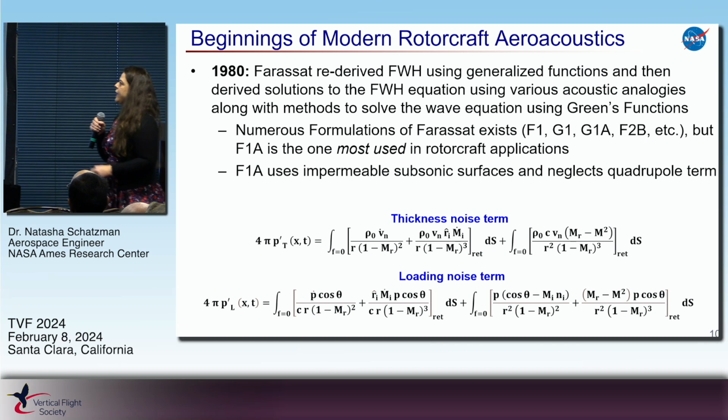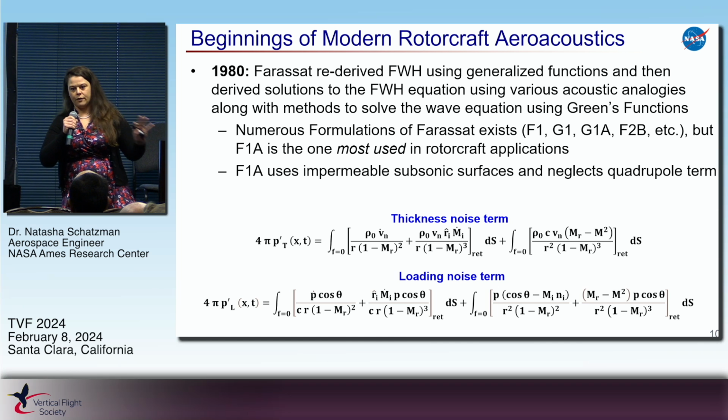Okay, all right, so in 1980, Farassat re-derived the Ffowcs Williams-Hawkings equation using generalized functions and then derived solutions to the Ffowcs Williams-Hawkings equation using various acoustic analogies along with methods to solve the wave equation using Green's functions. Now, Farassat came up with a lot of different analogies.